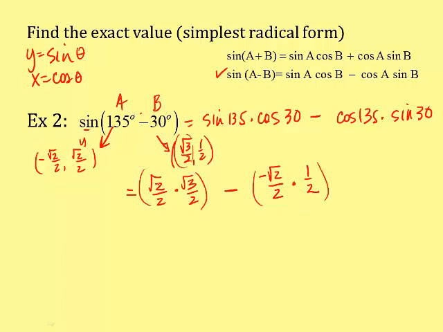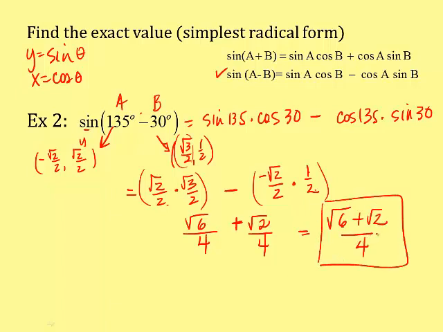Okay, square root of 2 times square root of 3 is square root of 6 over 2 times 2 is 4, minus negative square root of 2 plus 1 is negative square root of 2, so this is going to become a plus. And 2 times 2 is 4, so my answer is square root of 6 plus the square root of 2 over 4. All right, that is my answer.